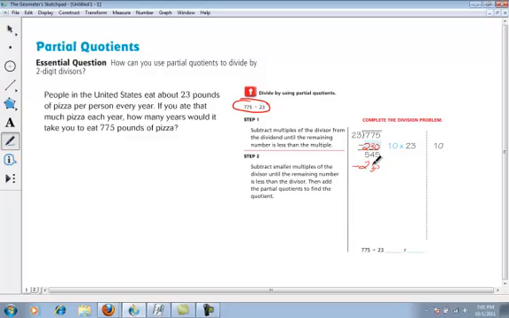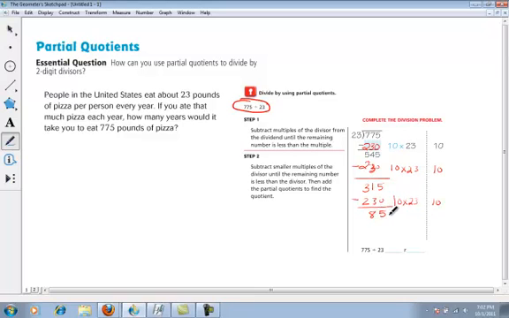So I'm going to subtract 230, which is another 10 groups. And when I subtract this, I'm going to get 315. Well, it looks like I can make another 10 groups, which means I would be taking away 230.